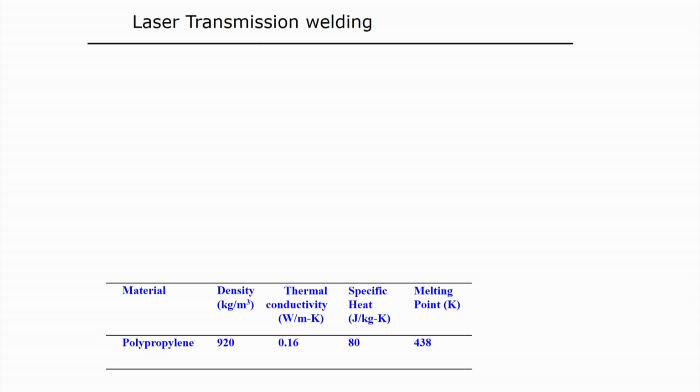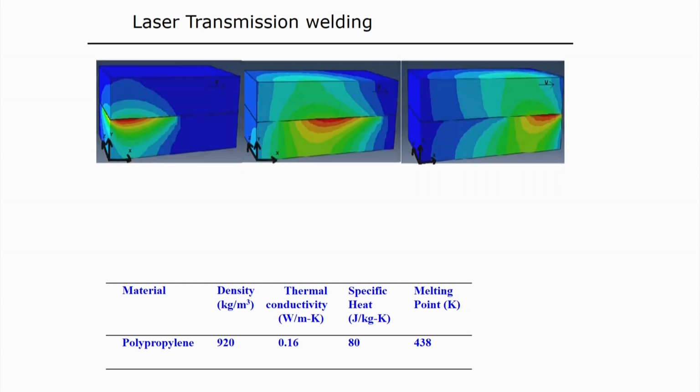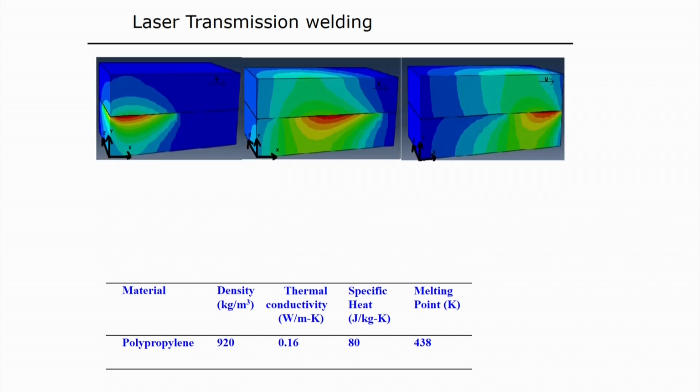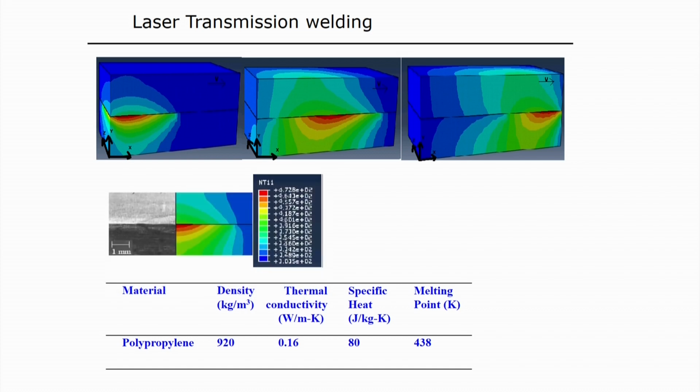Now, some simulation for laser transmission welding: the material polypropylene we have used, and the other material properties are also defined. So, in this case similar types of materials can be joined, in two sets, considering the contact resistance between the two surfaces, and we can see the temperature distribution between the two surfaces in the laser transmission welding mode. And this figure also represents the comparison between the actual experimental and the simulation profile.